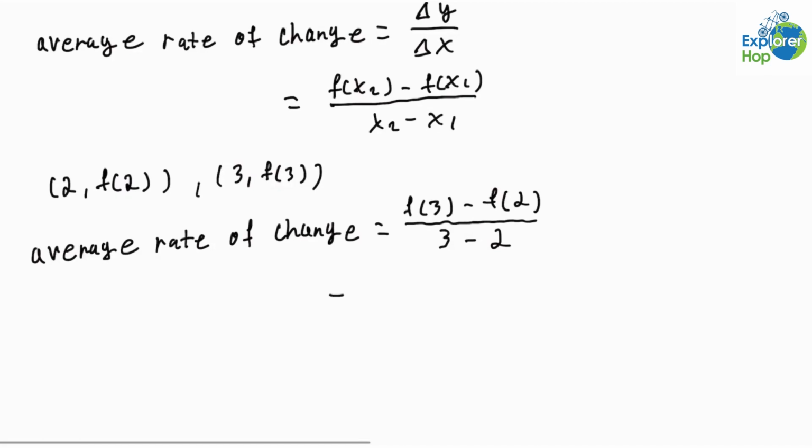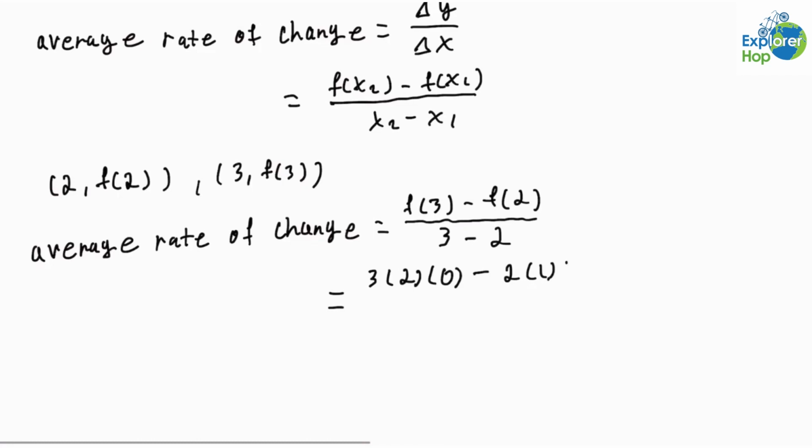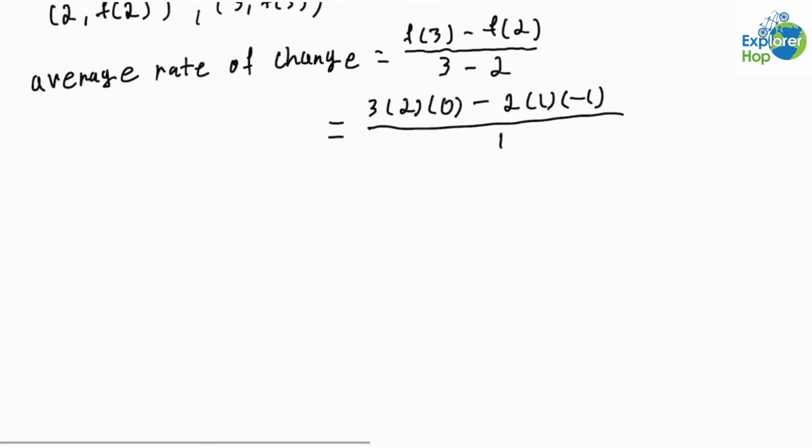And this is equal to 3 times 2 times 0 minus 2 times 1 times negative 1, all over 1, which is equal to just negative 2 times 1 times negative 1, which is just equal to 2.